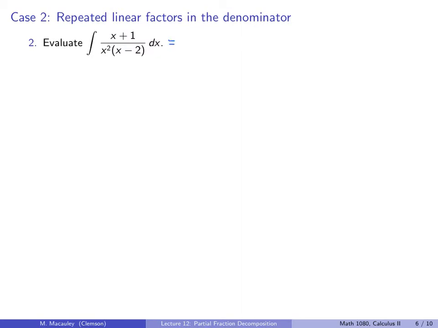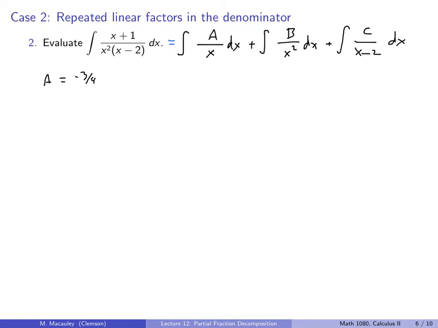We've written this as the integral of a over x dx plus integral of b over x squared dx plus integral of c over x minus 2 dx, and we've determined that a equals negative 3/4, b equals negative 1/2, and c equals positive 3/4.